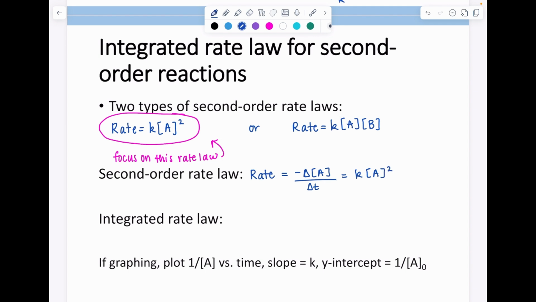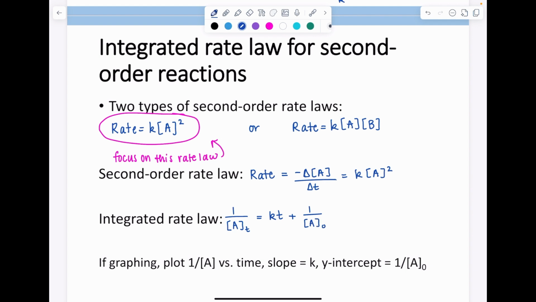The integrated rate law, this is another situation where you can see the derivation in the book, but we'll just go straight to writing out the equation. The integrated rate law, also provided on your periodic table equation sheet, is 1 over A at time t, which is equal to K times T plus 1 over the initial concentration of A.